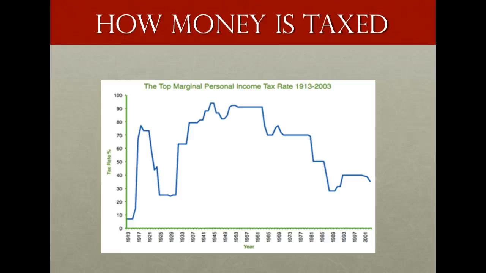Two things that jump out from this graph to our attention are, number one, that from a historical perspective, we are currently in a rather low top marginal income tax bracket. And the second item that jumps off of the screen to us is that there have been times in our nation's history when the top marginal personal income tax rate has been as high as 94%.